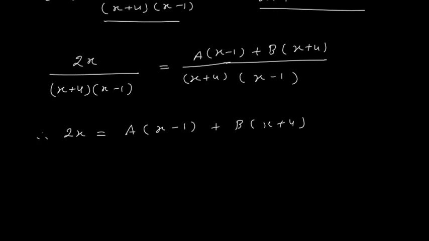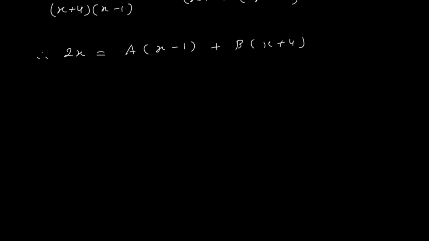Now from here I have two different methods to find the value of a and b. Let us discuss them one by one. First I am going to use the substitution method. In the substitution method, we first use a proper substitution by which I can make the b term 0. Easily you can figure out that if I use x equal to minus 4, then this whole term will become 0.